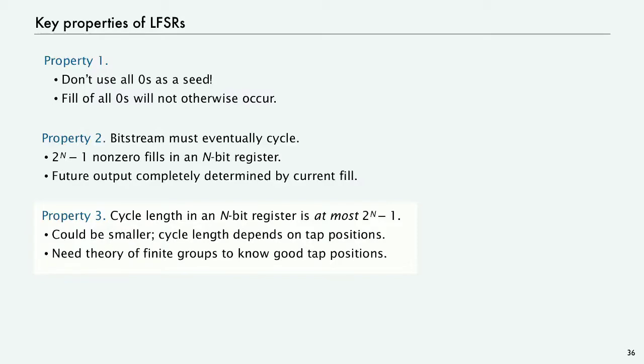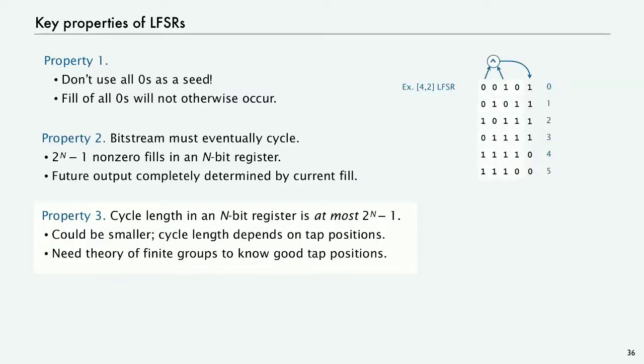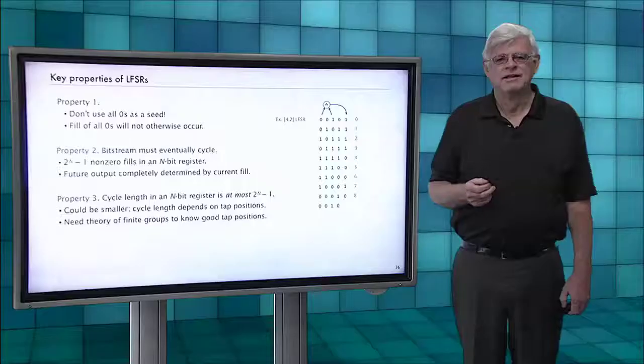The cycle lengths depend on the tap positions. And for a long time, people studied what tap positions you need in order to get the full cycle length like this. For example, if you do a 4-2 LFSR, then it repeats after only 8. It's not the full cycle.